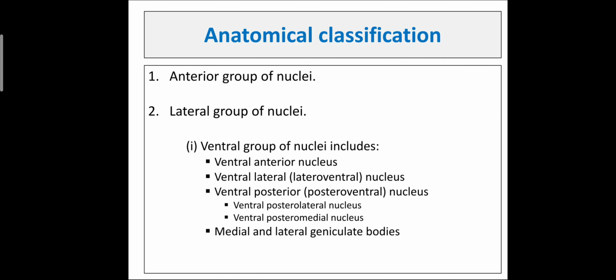Classification of thalamic nuclei. There is an anterior group of nuclei and a lateral group of nuclei. The ventral group of nuclei includes the ventroanterior nucleus, ventrolateral nucleus, and ventral posterior nucleus. In that, the ventral posterolateral nucleus, ventral posteromedial nucleus, and the medial and lateral geniculate body.